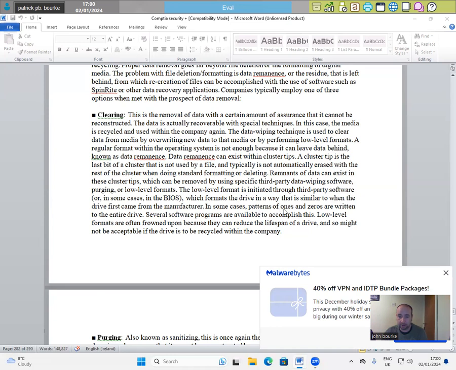In some cases, patterns of 1s and 0s are written to the entire drive. Several software programs are available to accomplish this. Low-level formats are often frowned upon because they can reduce the lifespan of a drive and so might not be acceptable if the drive is to be recycled within the company.